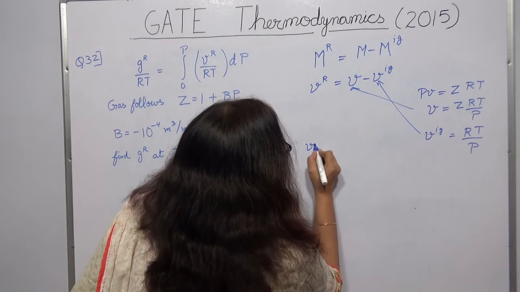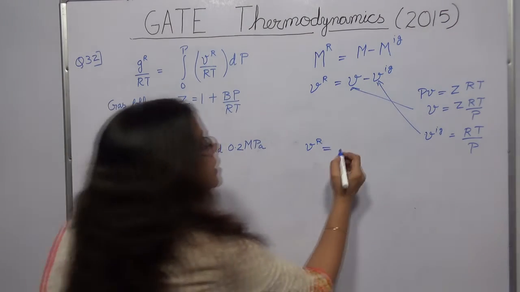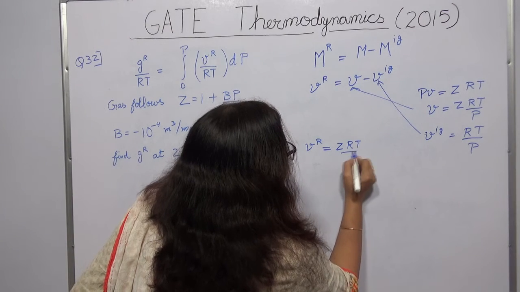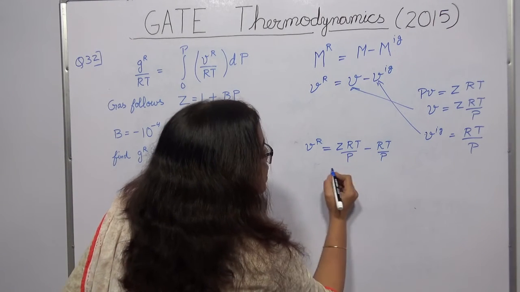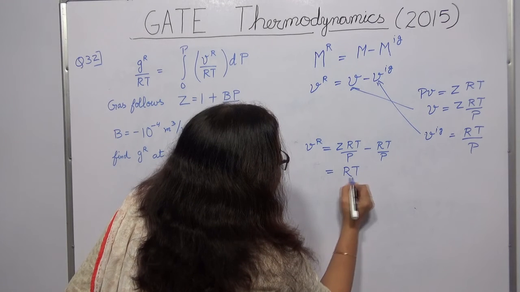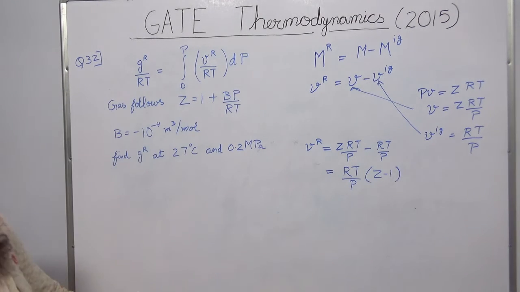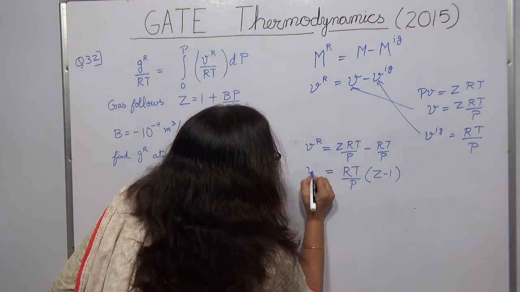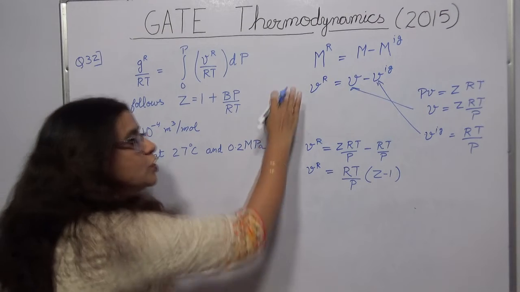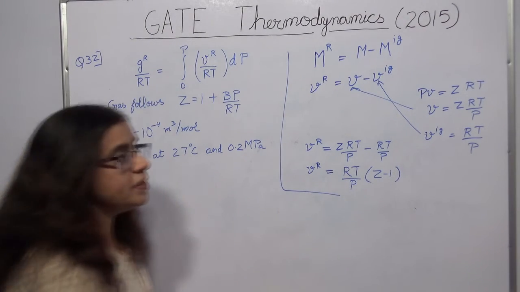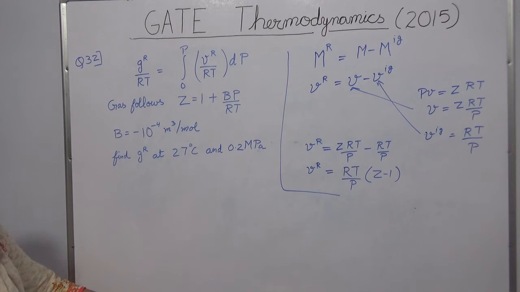So I write my molar residual volume as Z RT by P minus RT by P. RT by P is common, I can take it out and write Z minus 1 in bracket. Okay, so my molar residual volume is this quantity. That is the only thing which you require from thermodynamics to solve this problem. Remaining else is mathematical manipulation.